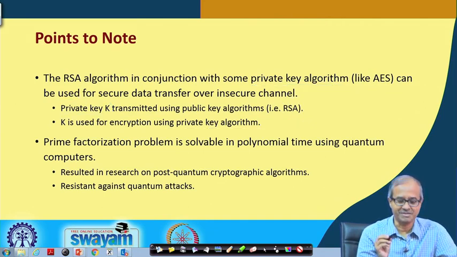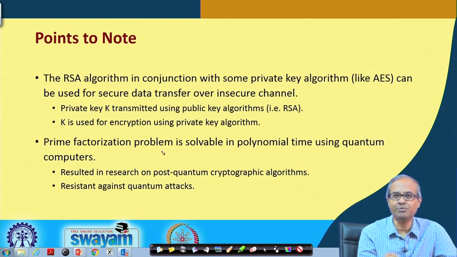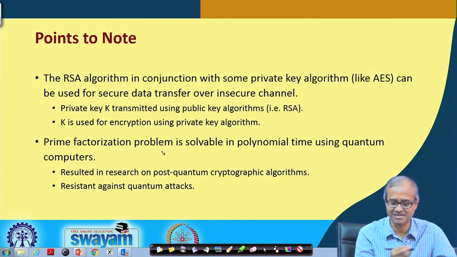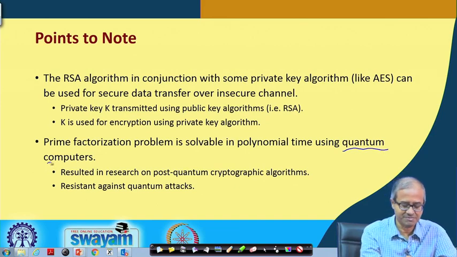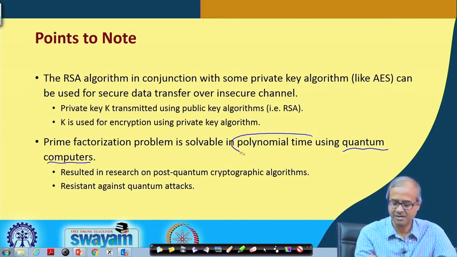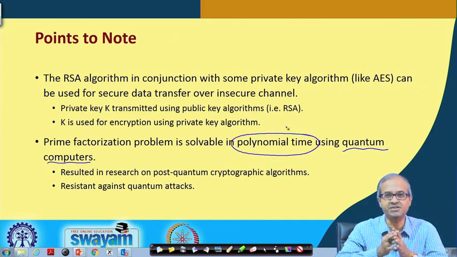Now, the problem is that this prime factorization problem on which RSA is based can be solved using quantum computers. There has been a lot of research going on in quantum computers. Small scale quantum computers have already been built by big giants like Google, IBM, Microsoft, and several other companies.